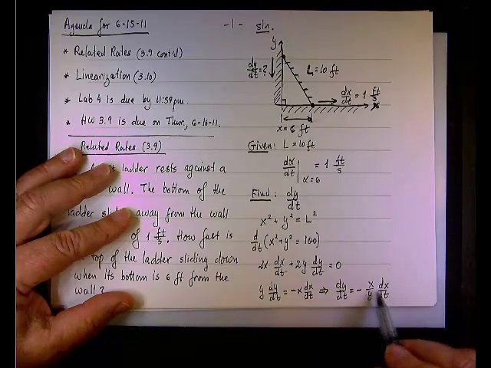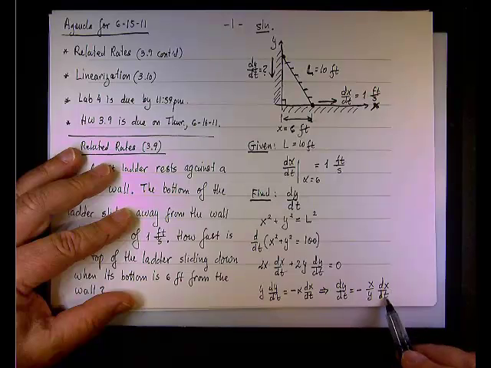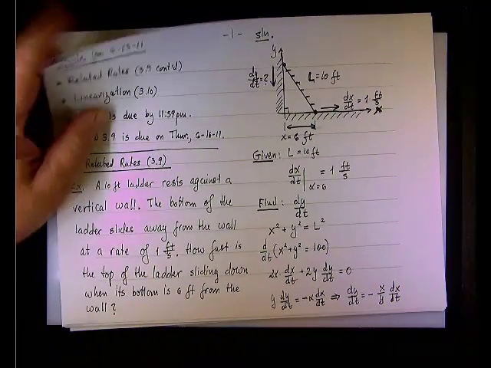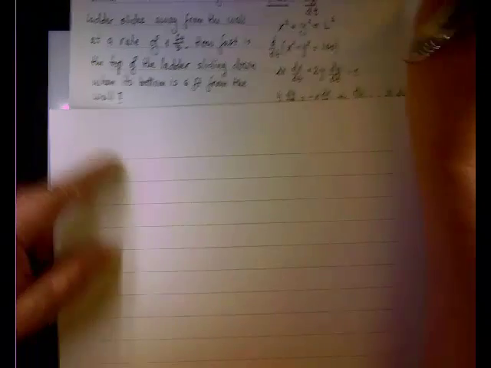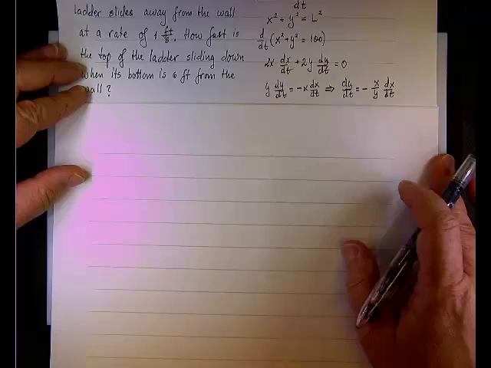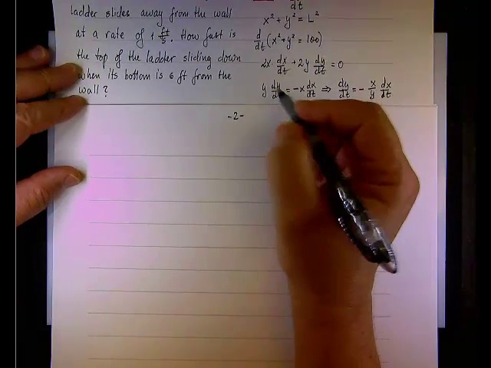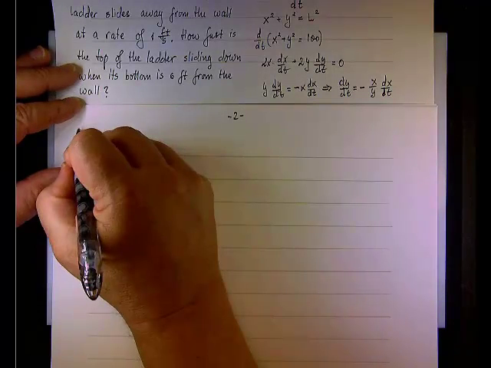Of the three quantities on the right, x, y, and dx/dt, we know two. We know x equals 6, we know dx/dt equals 1, and we need to find y at this point. So once again, we'll go back to the Pythagorean theorem to find the value of y.